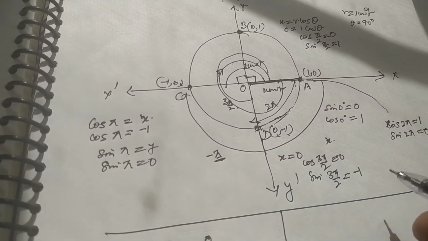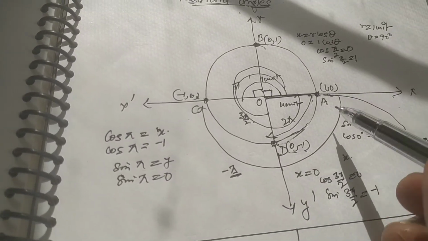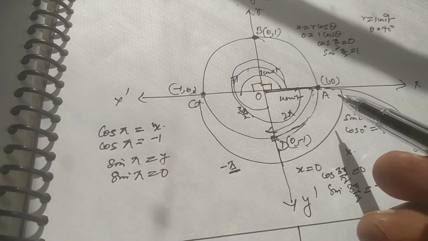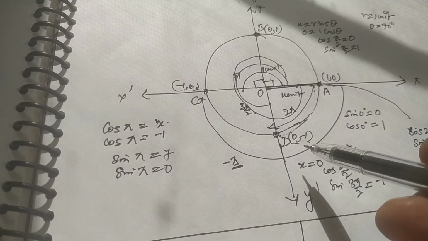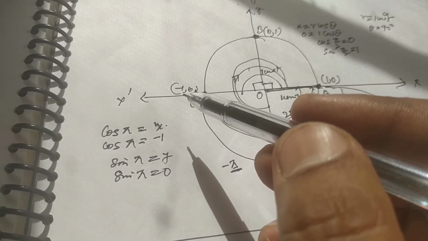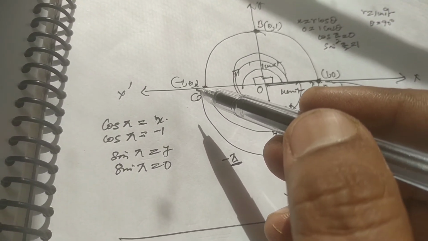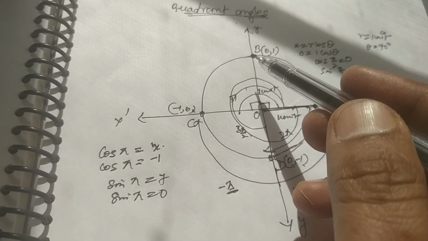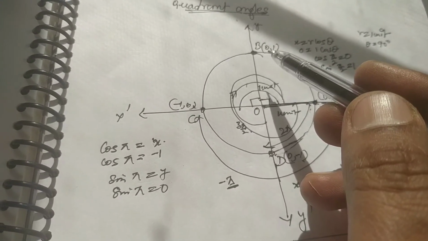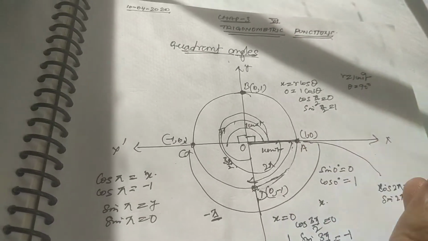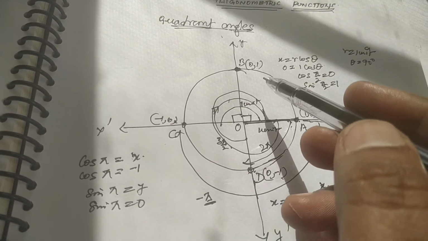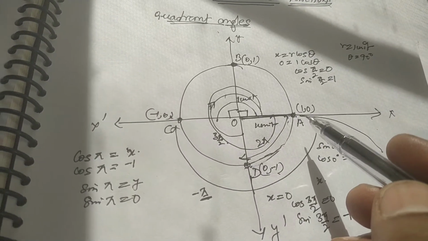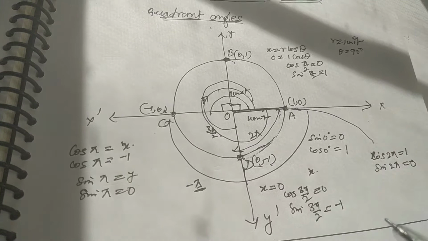If you look at this figure, moving in the clockwise direction, we get values like these: cos minus pi by 2 is 0 and sine minus pi by 2 is minus 1, cos minus 3 pi by 2 is 0 and sine minus 3 pi by 2 is 1, and cos minus 2 pi is 1 and sine minus 2 pi is 0.